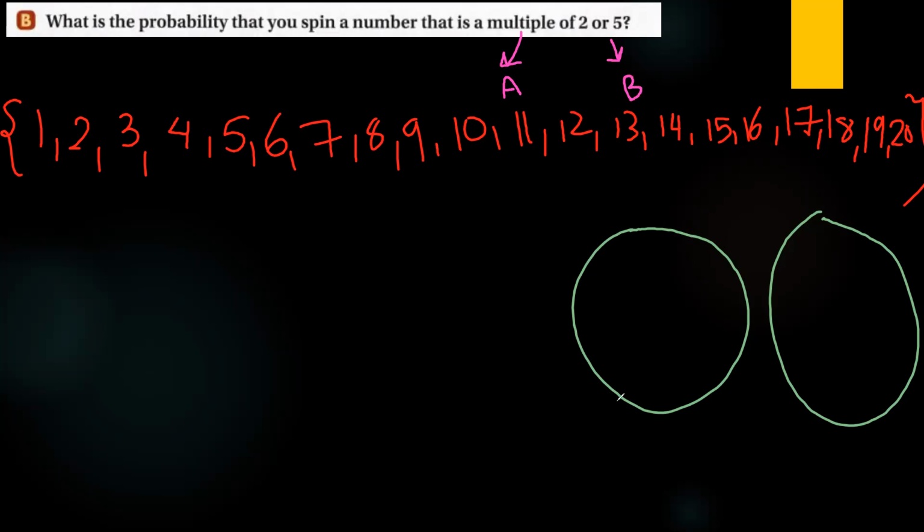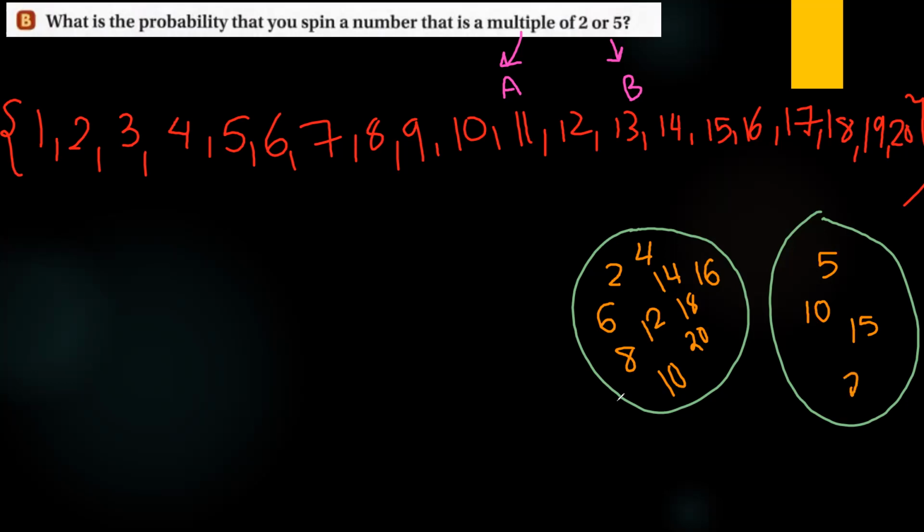Now, what are the numbers that are multiples of 2? We have 2, 4, 6, 8, 10, 12, 14, 16, 18, and 20. Now, multiples of 5: 5, 10, 15, and 20.